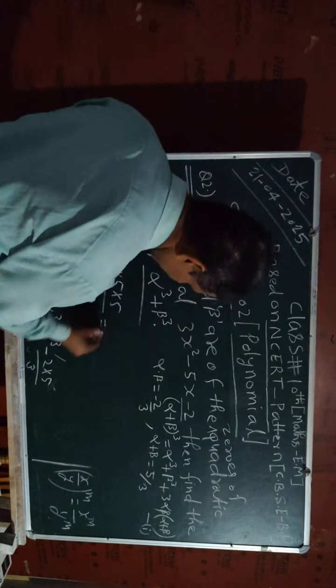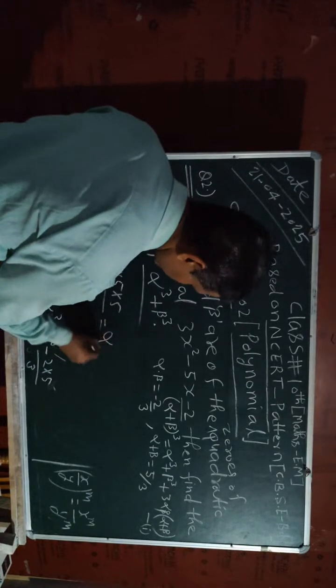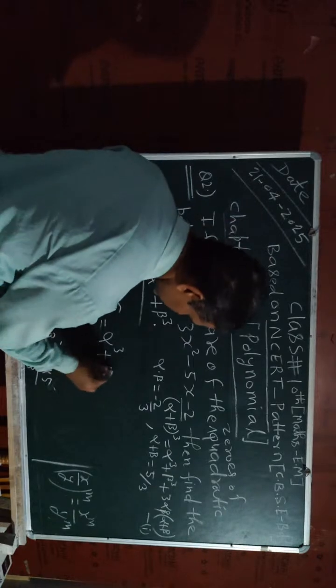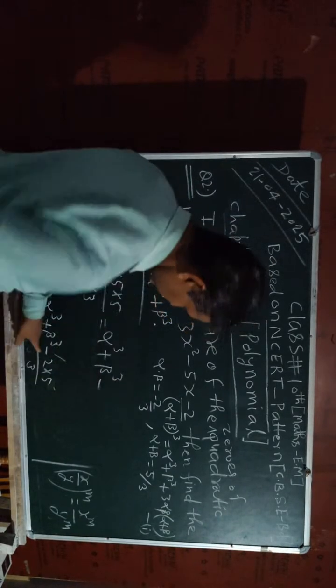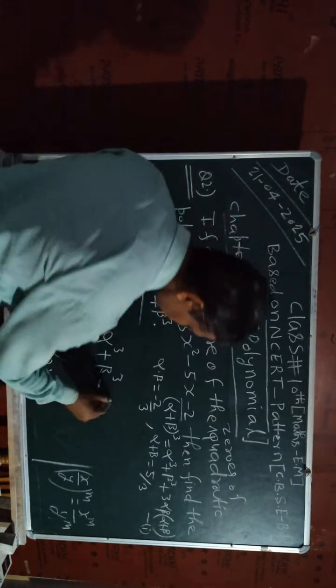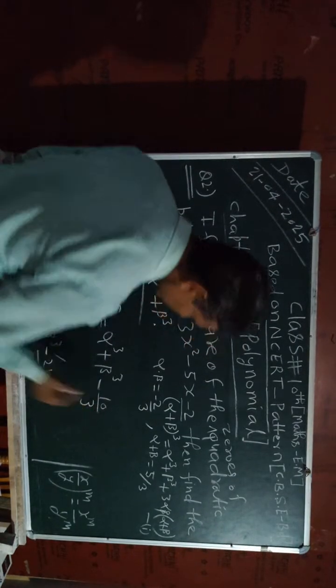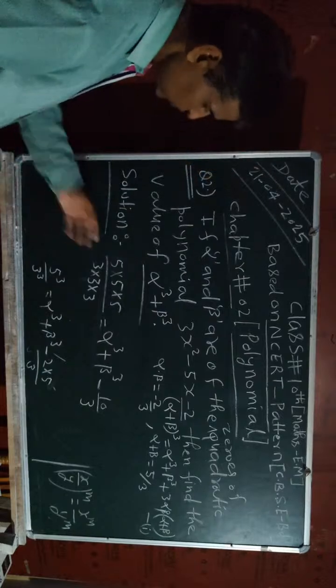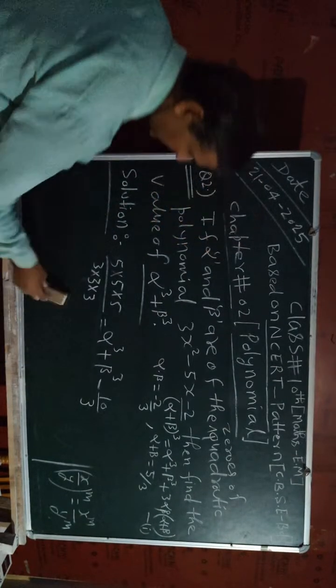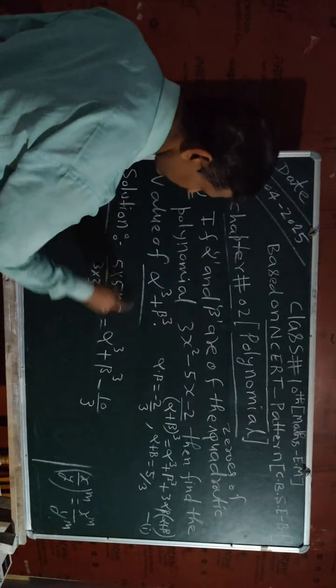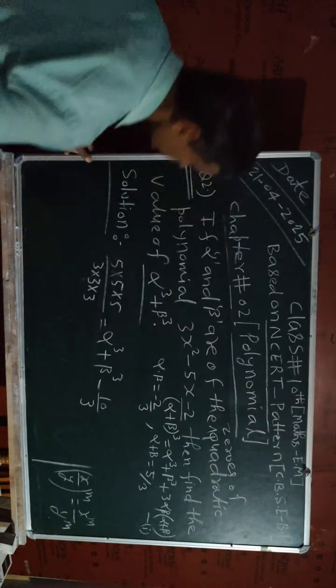Okay, in the right hand side I will write alpha cube plus beta cube minus 5 to the 10. So here I will write 10 divided by 3. Okay, student. So further I will simplify this value. 5 fives are 25, 5 twenty-fives are 125.